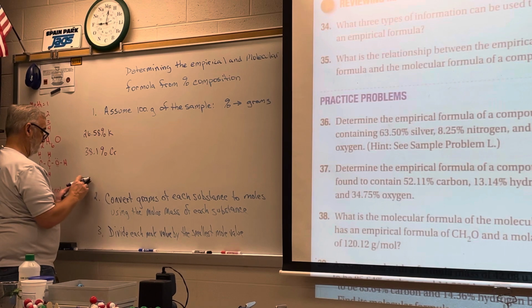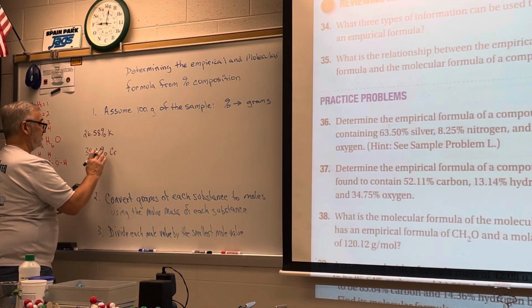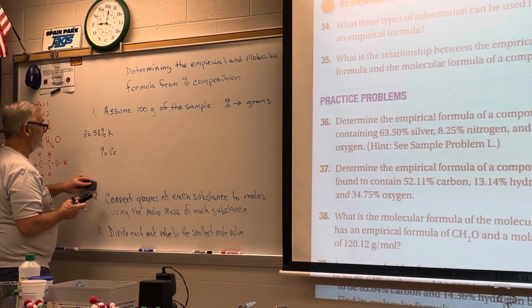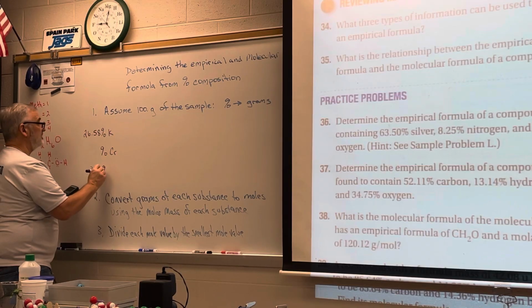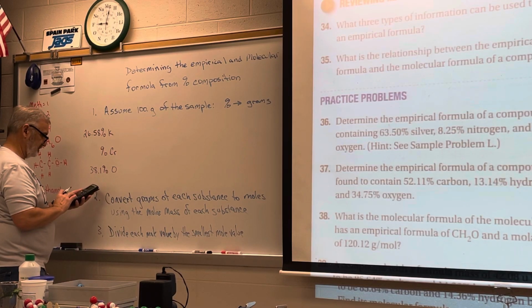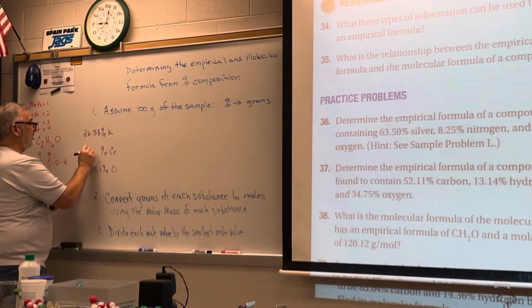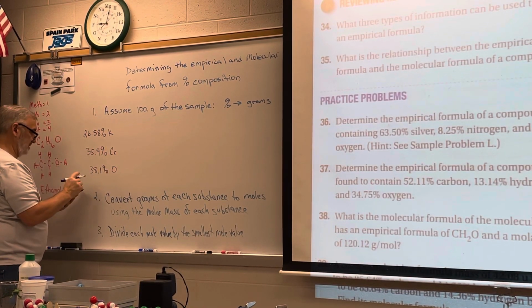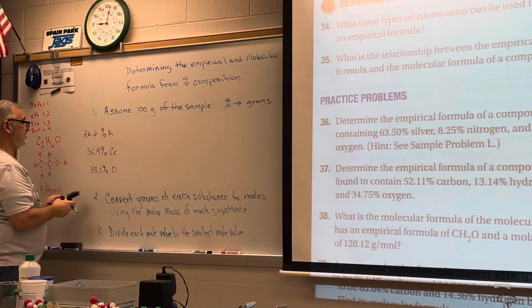38.1. Oh, that's not what I want. Sorry, this number's not right. It's 38.1% oxygen, and then 104, 35.4%. So we'll just go 20 times 26.6.